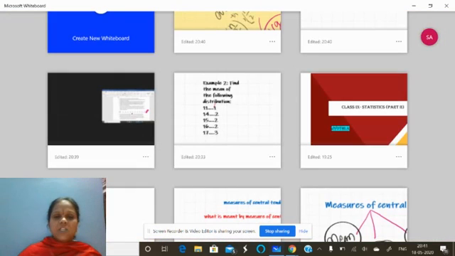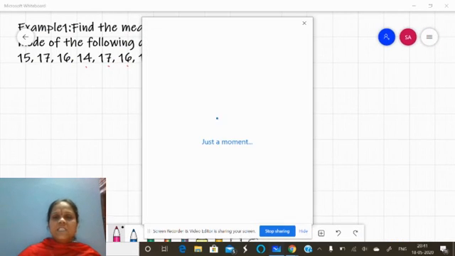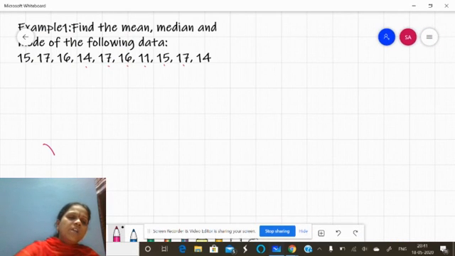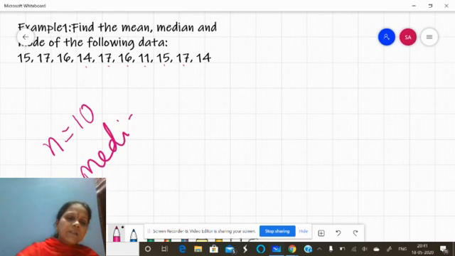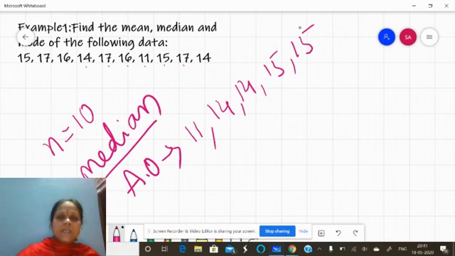Now let us go back to the previous example and calculate the median for this data. Now I know the number of terms for this data is 10. To calculate the median, I have to arrange the terms in ascending order. I know the least is 11, then 14 comes 2 times, then 15 comes 2 times, 16 2 times, and 17 3 times.